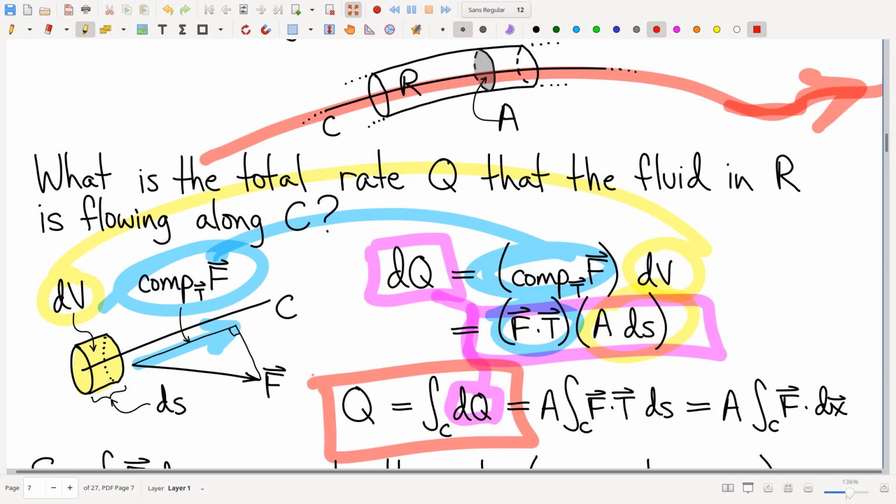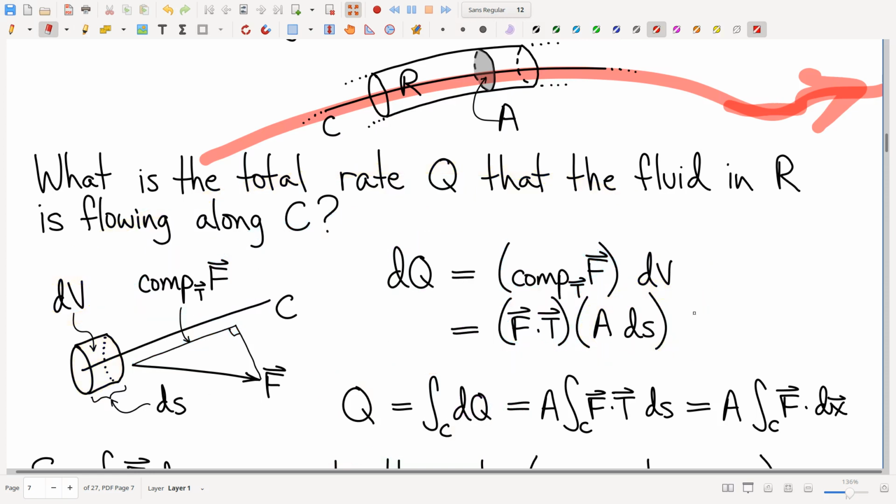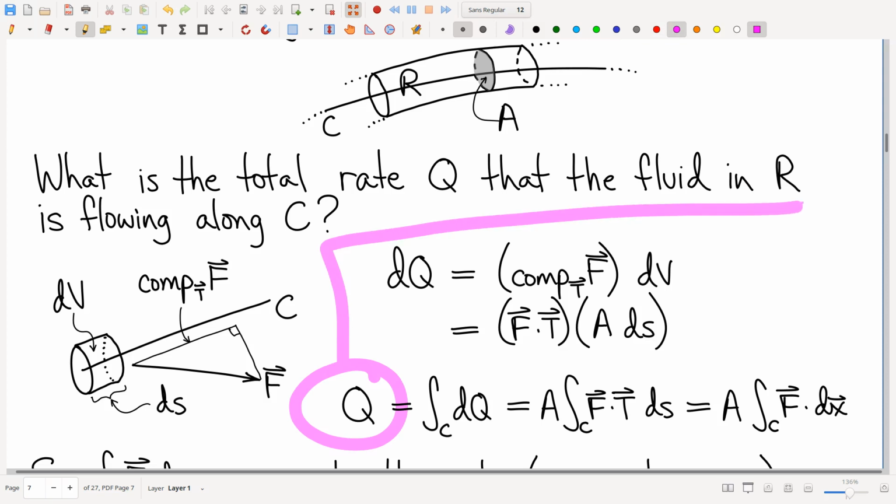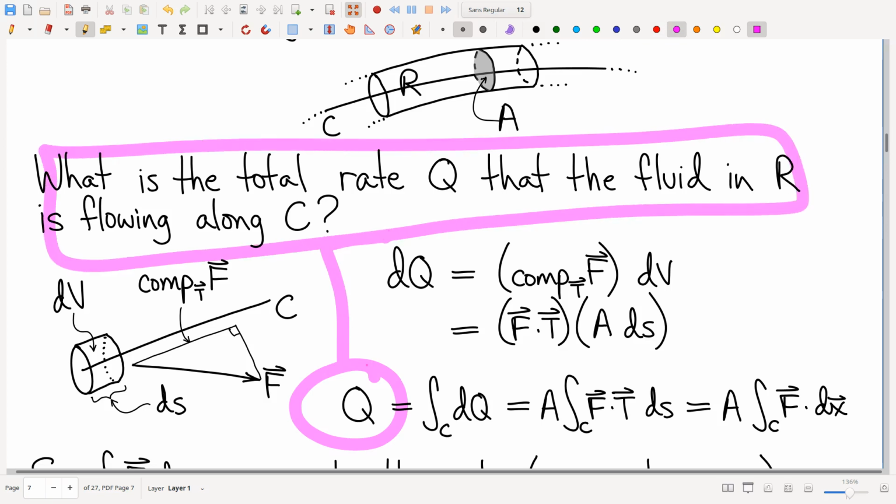And then if you just take this dq that we just computed and plug it into there and move things around a little bit, we get a total answer to the question, which is still not satisfying because it's still not clear why I would care about this. But nevertheless, the total amount that the fluid is flowing along the curve is this expression right here. It's the area times, and now the eyebrow raiser, a vector line integral.